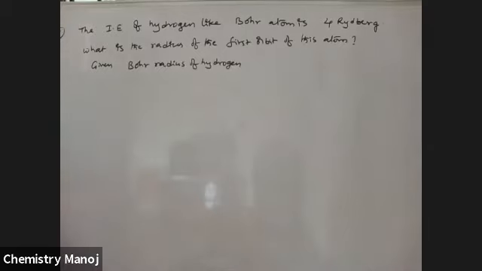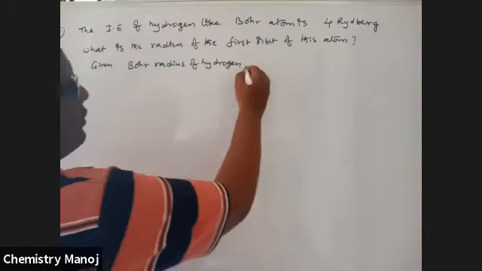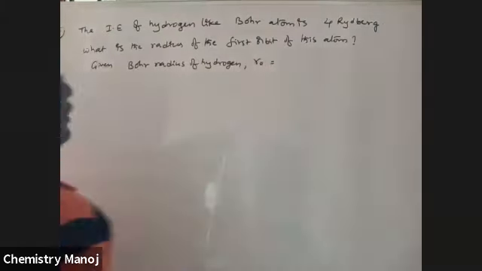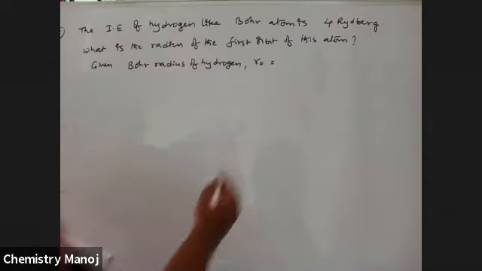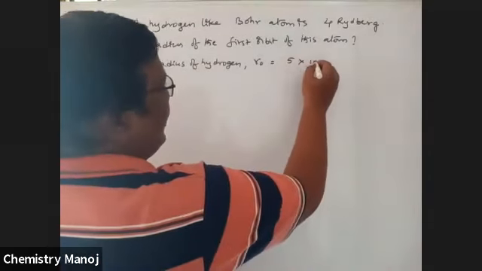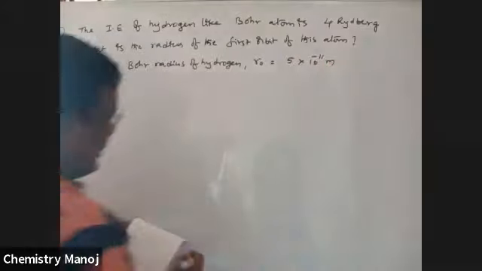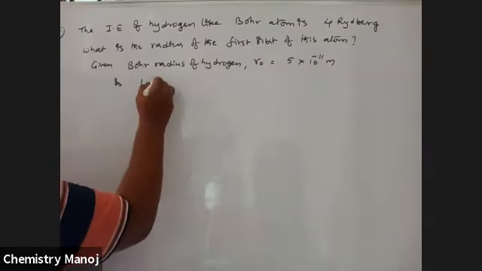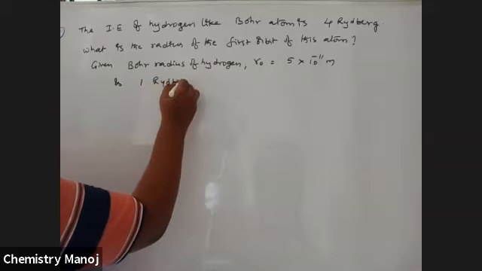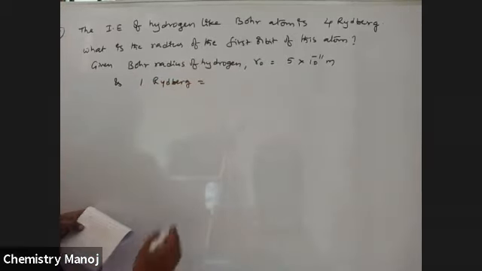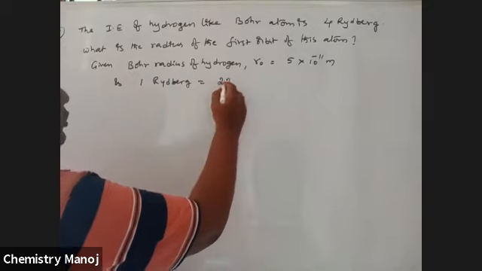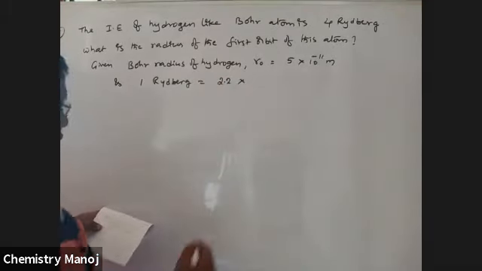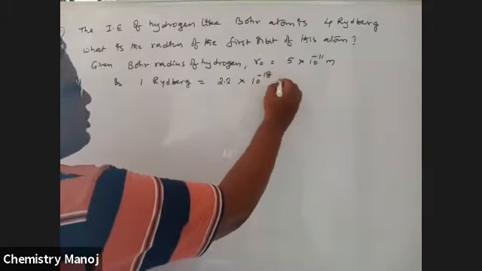The Bohr radius of hydrogen, R naught, is equal to 5 into 10 power minus 11 meters, and 1 Rydberg is equal to 2.2 into 10 power minus 18 joules.